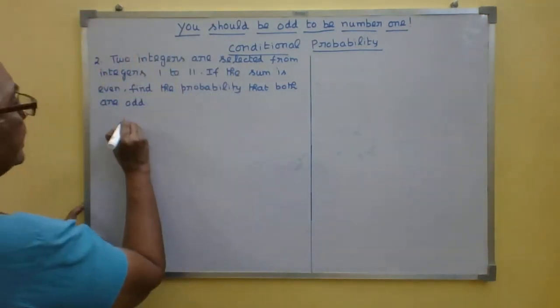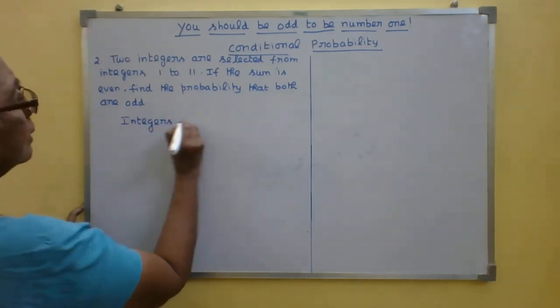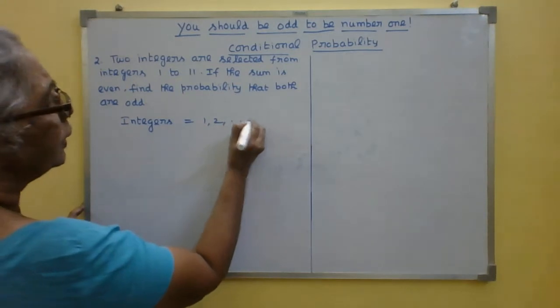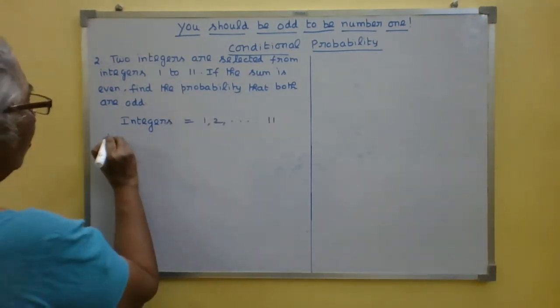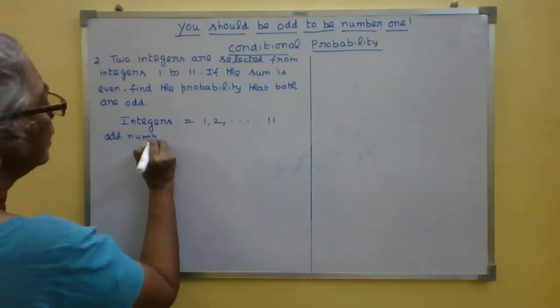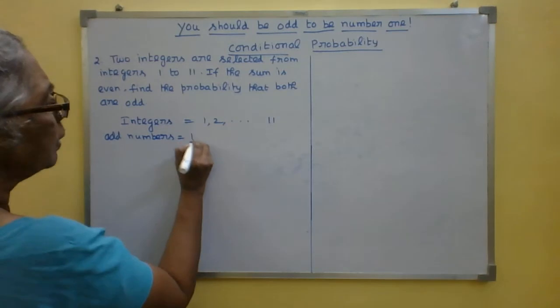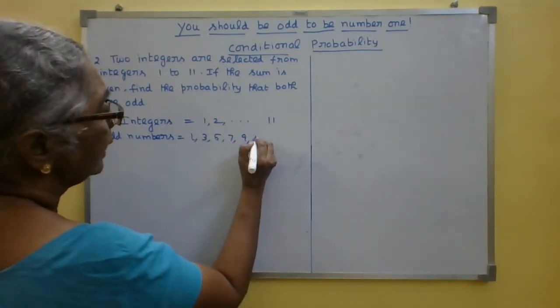Now, the integers given to us are 1, 2, etc. up to 11. Okay. In this one, odd numbers. Let us see how many odd numbers are there. Odd numbers means 1, 3, 5, 7, 9 and 11.